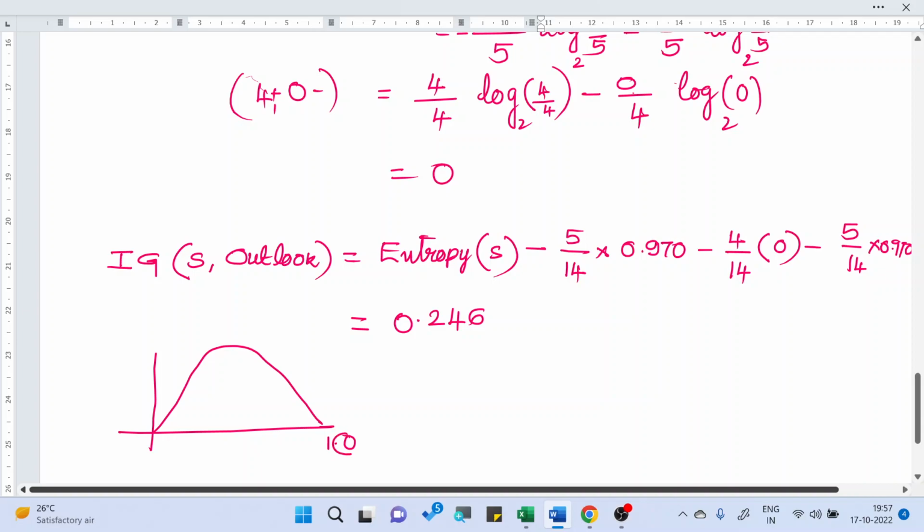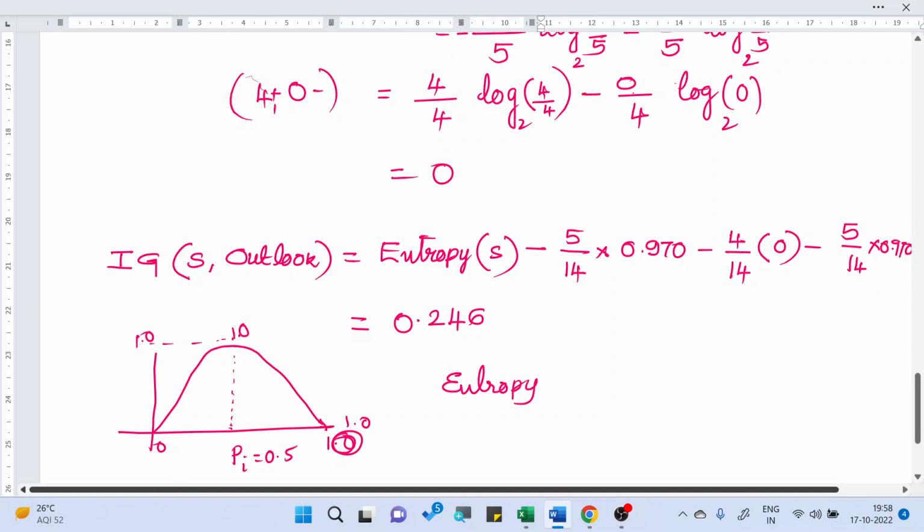This is the y value 0 and this is y value 1, the entropy here. So when x is equal to 0, the entropy is 0, and x is equal to 1 is also 0. When x is equal to 0.5, the entropy is maximum, that is 1. So entropy is always between 0 and 1.